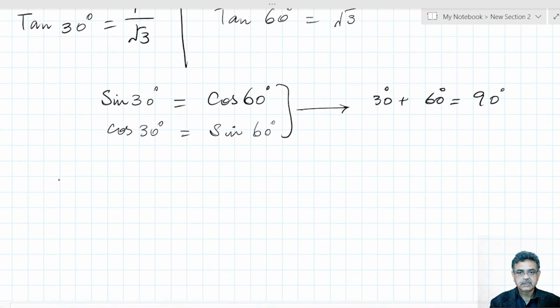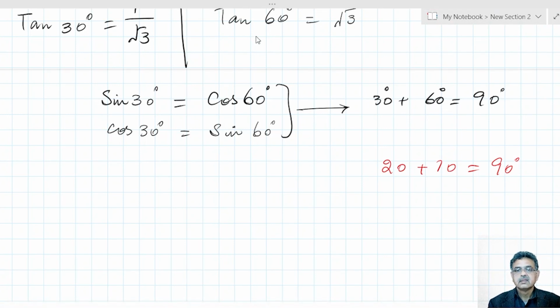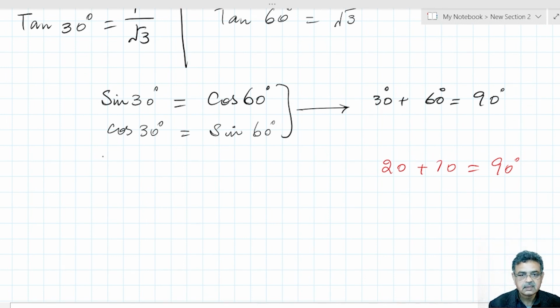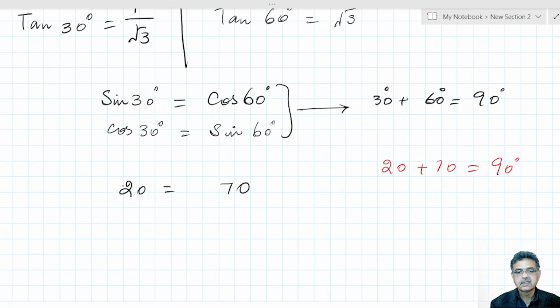Now this is not a matter of 30 and 60 only. If there are some other angles like 20 plus 70, which is 90 degrees, then sine of one of these angles, sine of 20 on one side and 70 on the other side, if I write sine here and cos here, they will be equal.